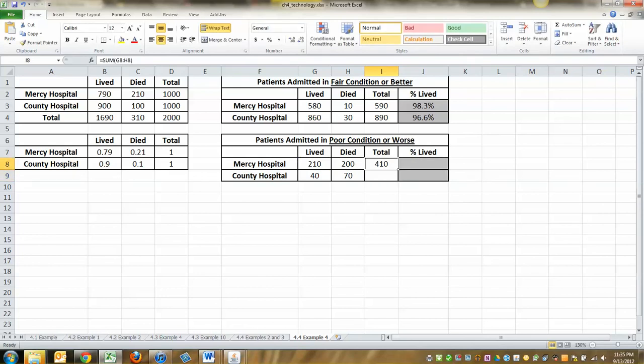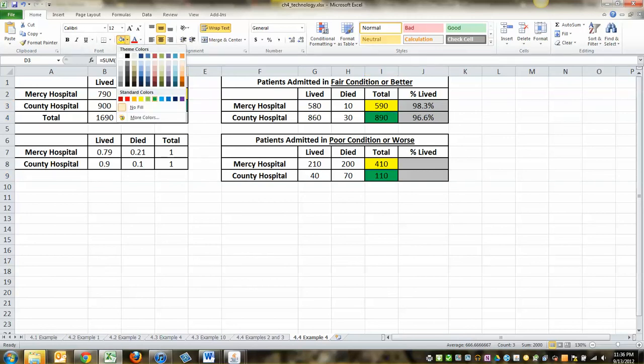Now notice that makes 1,000, right? If you take 410 and 590 together, here, let me highlight them just so you can see them. Those two make 1,000, right? You got 1,000 patients total. They make that total of 1,000. Okay, 890, 110 make a total of another 1,000. That's where the other group comes from. Give them blue. Amazing blue.